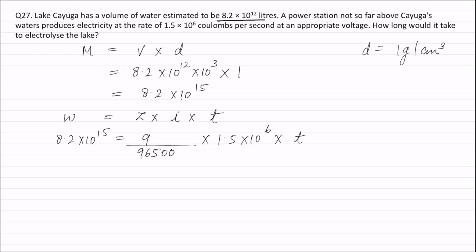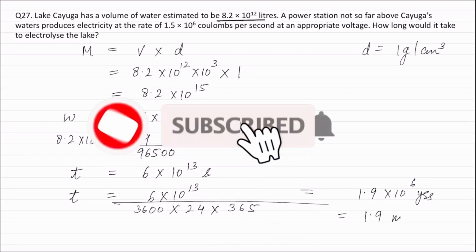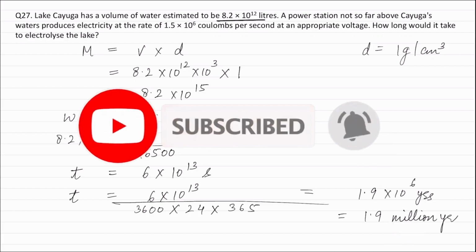Solving this equation, the value of time is equal to 6 × 10^13 seconds. Therefore, time in years will be equal to 6 × 10^13 divided by 3600 × 24 × 365, and solving this, the value of time in years will be 1.9 × 10^6 years, or 1.9 million years.